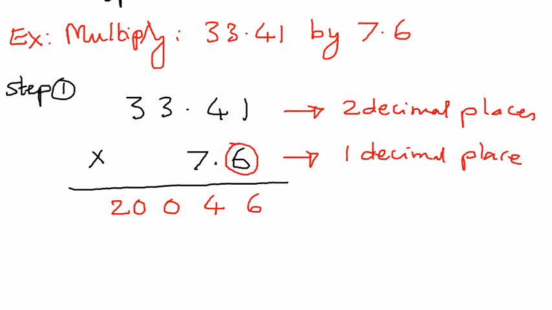Now we're going to multiply with 7. We'll do the same operation. This time, since 6 was in the ones place, we put that in the ones place. Since 7 is in the tens place, when we multiply, we're going to put the product under 4. So 7 times 1 is 7. That is the way we want to start to write the answer. Then 7 times 4 is 28.